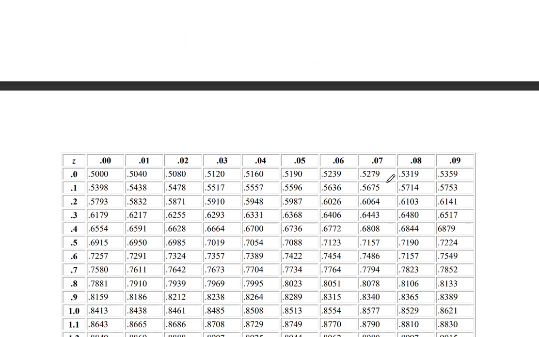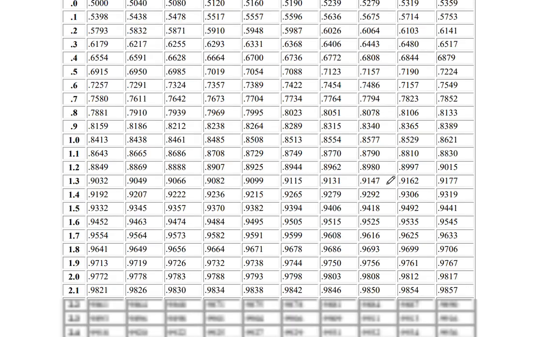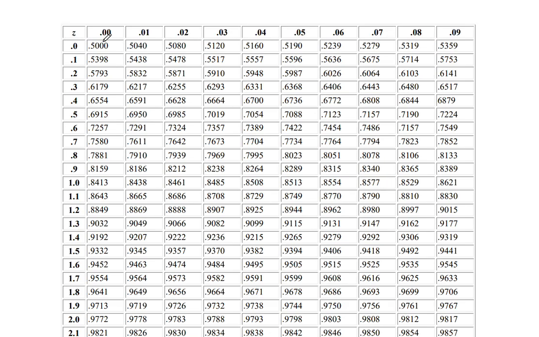So let's go down to the standard normal table, and here we'll go to the Z column, scroll down to 1.2, and then go across on the 0.05. Of course, when we add 1.2 to 0.05, it gives us 1.25.